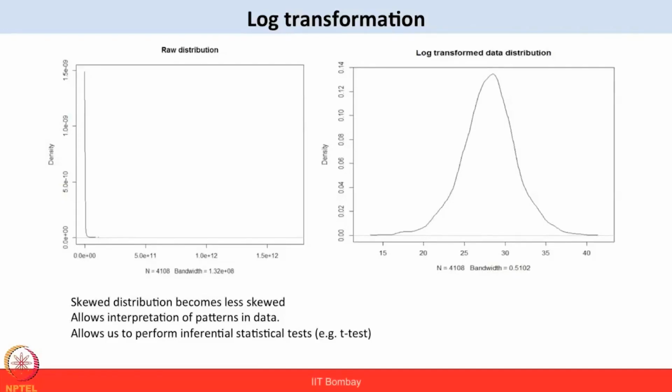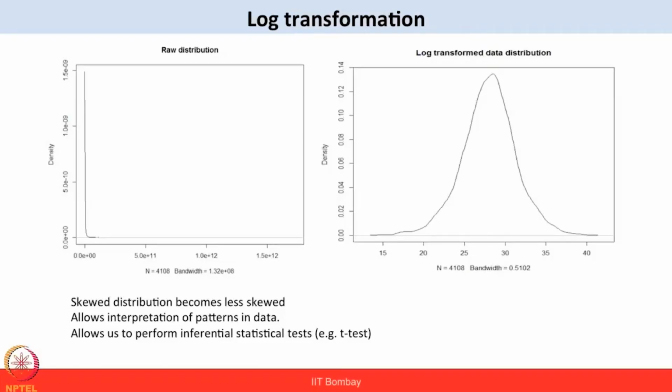Coming to the importance of log transformation, as you can see in this figure, the skewed distribution is transformed to a normal distribution or becomes less skewed, and this allows you to interpret patterns in the data.